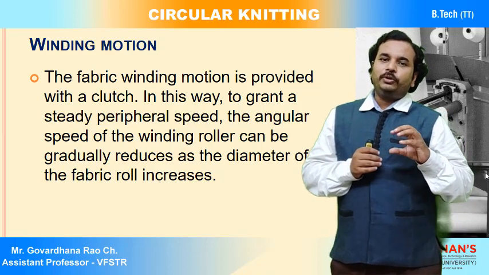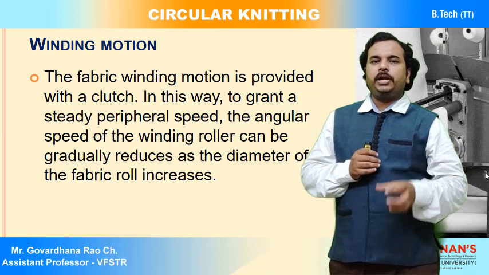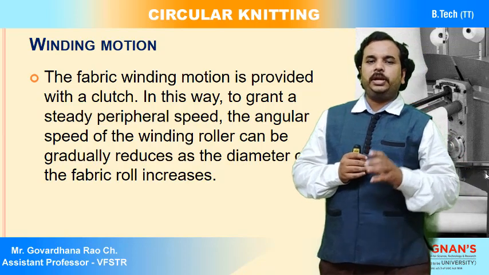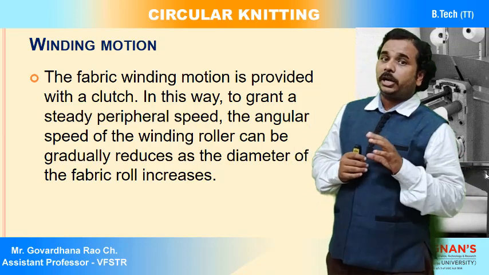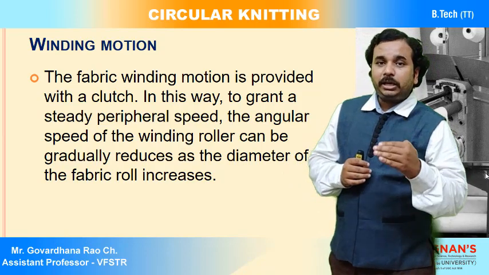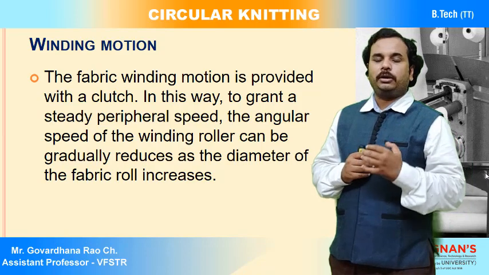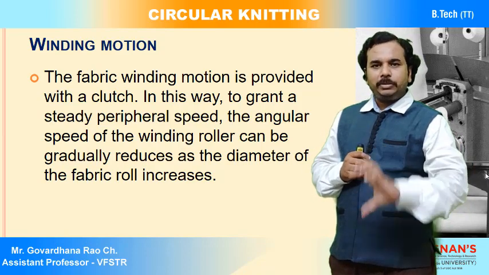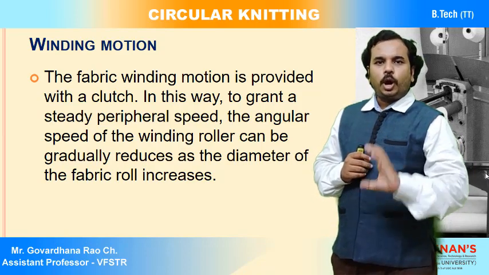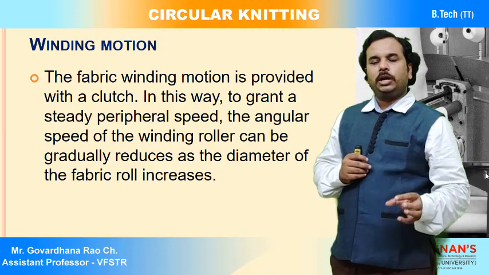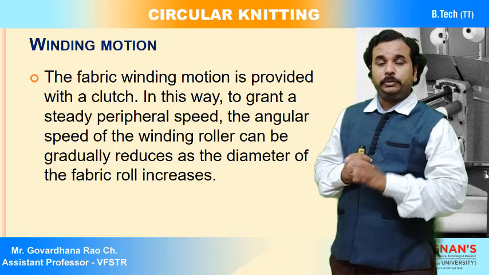Now, if you keep the cloth winding roller speed constant, then what will happen? The fabric diameter is going to increase step by step, layer by layer. So as per the diameter, the speed of the roller should be reduced.